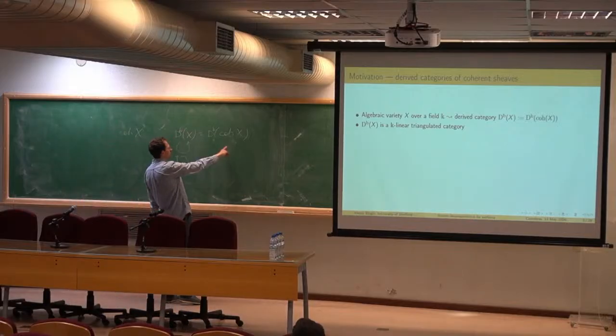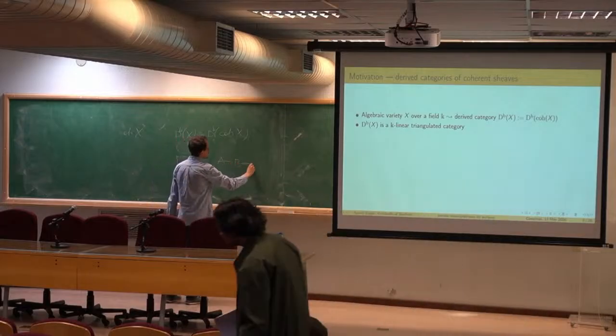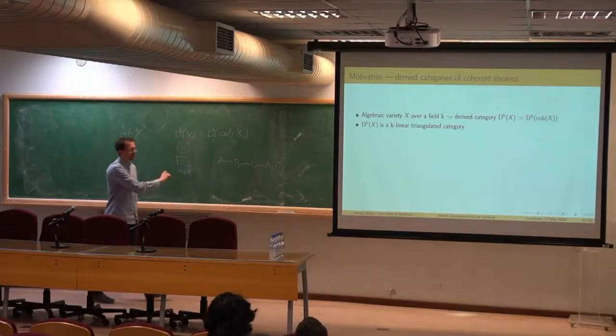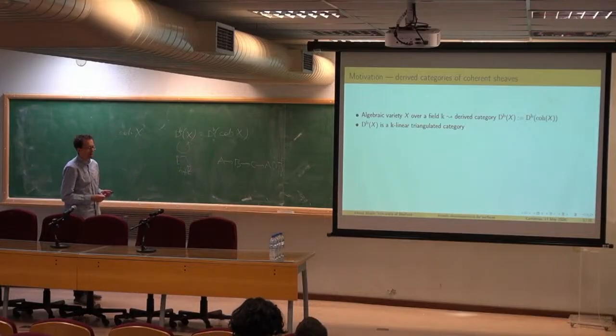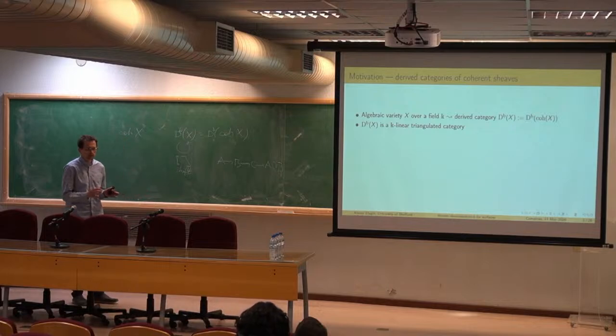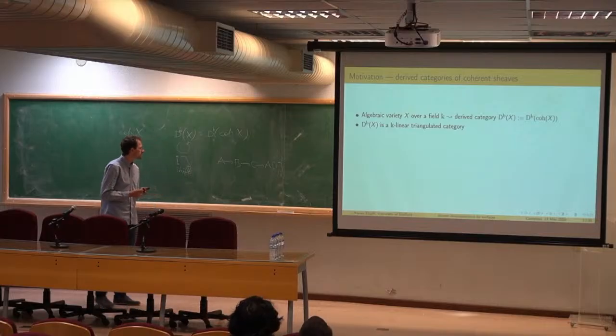A triangle in this category is a diagram of this form, where A, B, and C are complexes. Some class of such diagrams is chosen and called distinguished triangles.